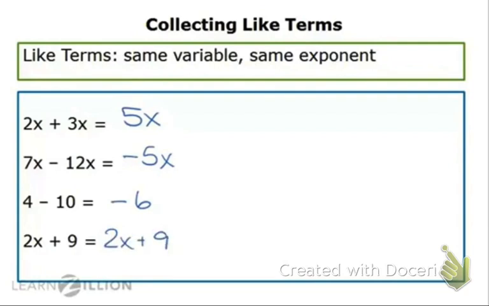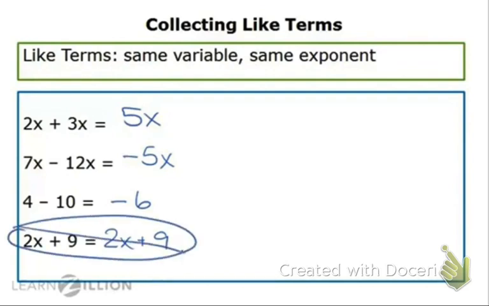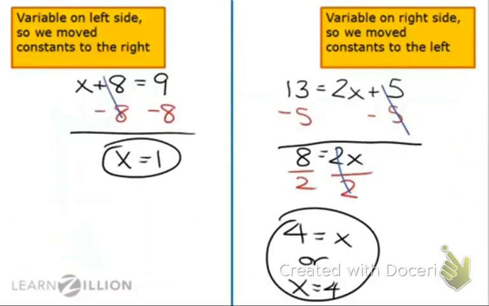When we solve equations with variables on both sides, what we're really trying to do is get the terms with variables on one side and the constants on the other. We don't want to come across an issue like this where we're trying to combine things that aren't alike. I'm going to explain the idea by looking at equations where a variable was only on one side. This is what we've done up to this point.